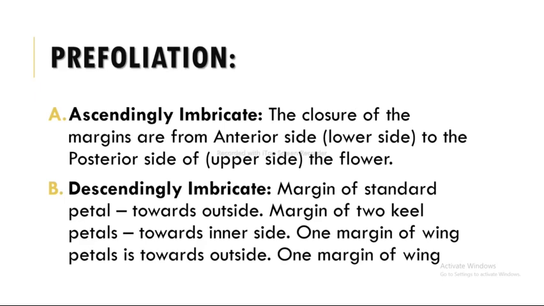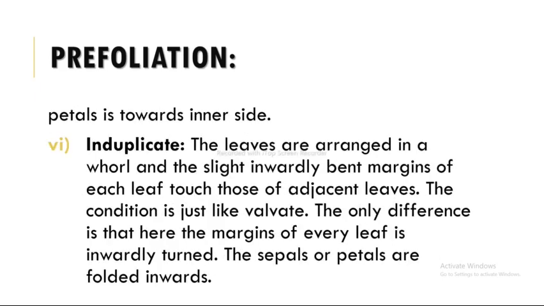In this condition, the margin of the standard petal is towards the outside and the margins of the two keel petals are towards the inner side. One margin of each wing petal is towards the outside and one margin is towards the inner side.